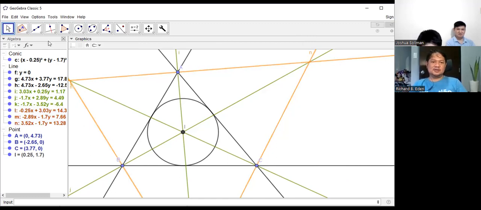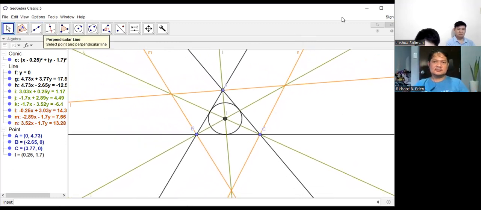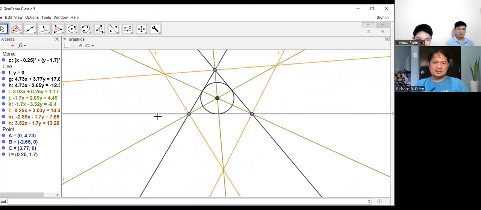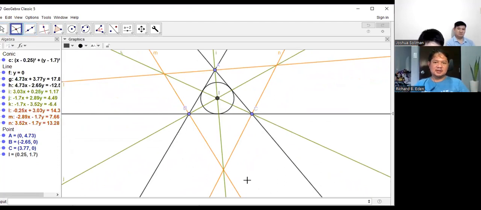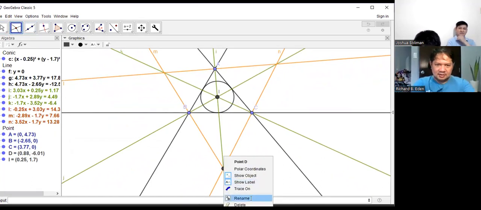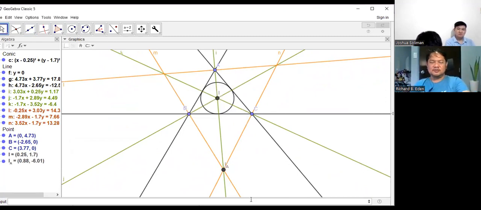Okay, so now let's draw the X circles. Actually, the intersections, these are the X circles. Liitan natin. Oh, so ayan, at this point, ito nung I sub A. Rename I sub A. So see intersection of two oranges, two external bisectors, and the green, the internal bisector.